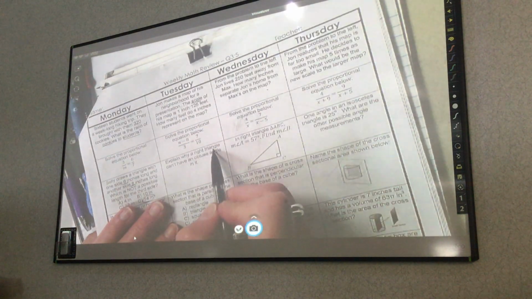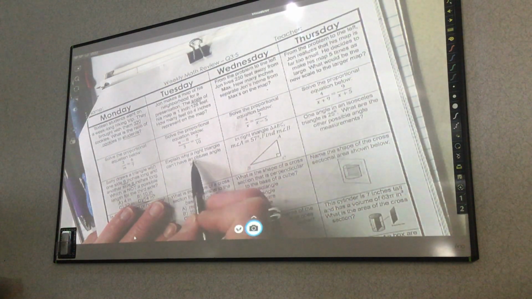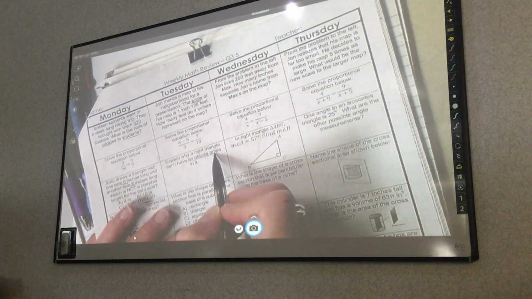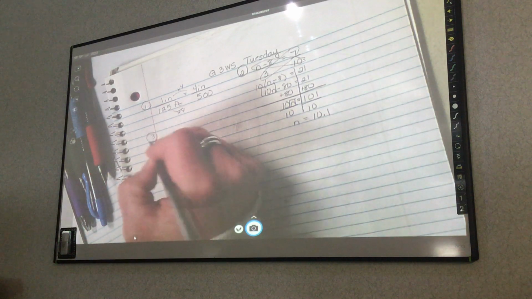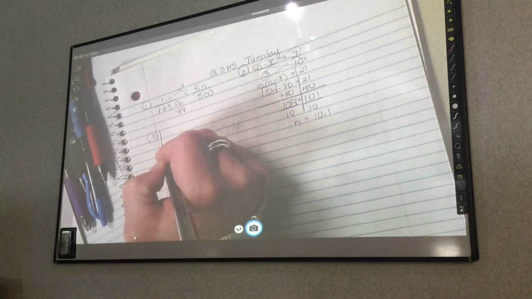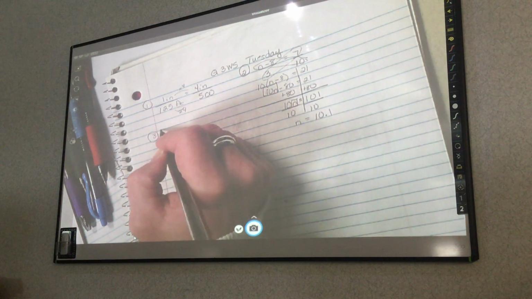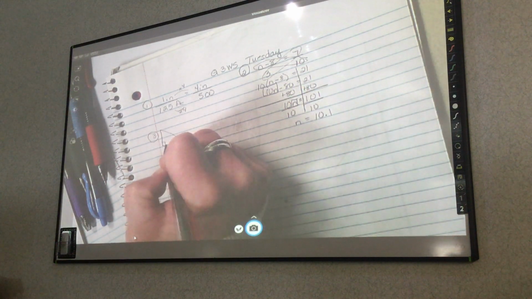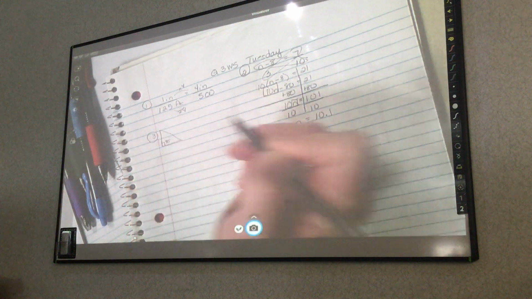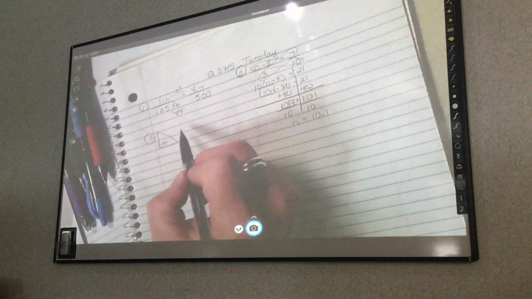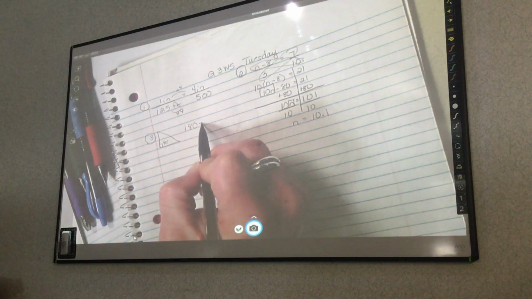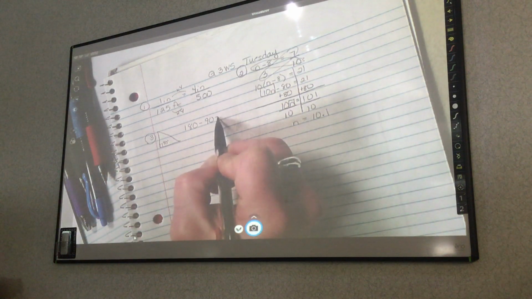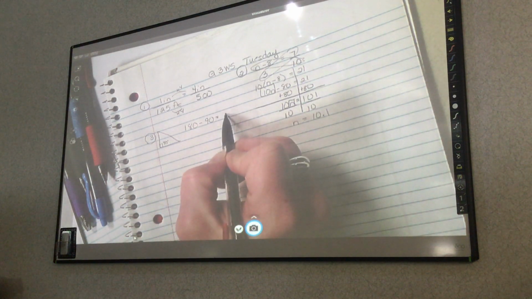Number 3, explain why a right triangle can't have an obtuse angle. So if I have an example here, I have my right triangle. The right triangle, one has to be 90 degrees, correct? The total of all of the angles is 180. So 180 minus 90 is what? 90.